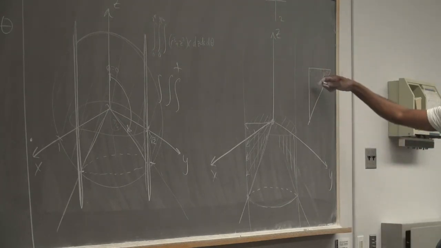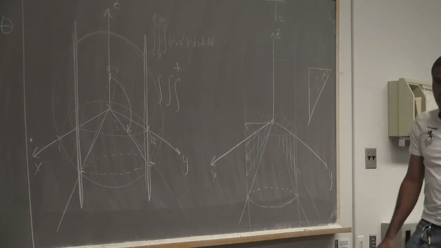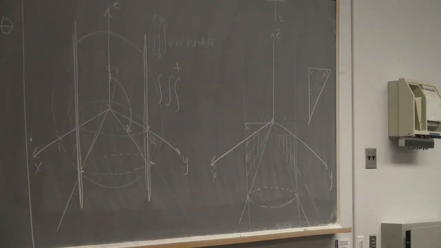You're going to have to use trig to figure out those limits, which is doable, but sort of annoying. So for this one, I would opt for the cylindrical way to represent it.